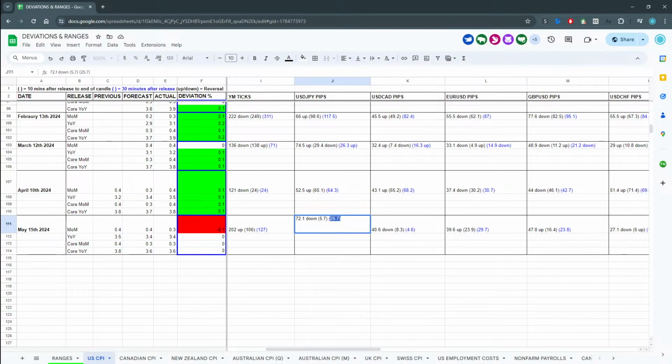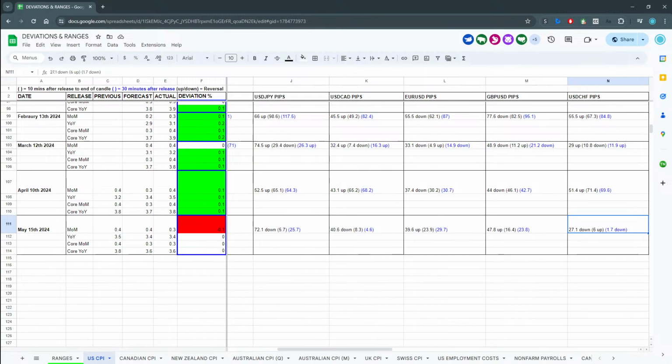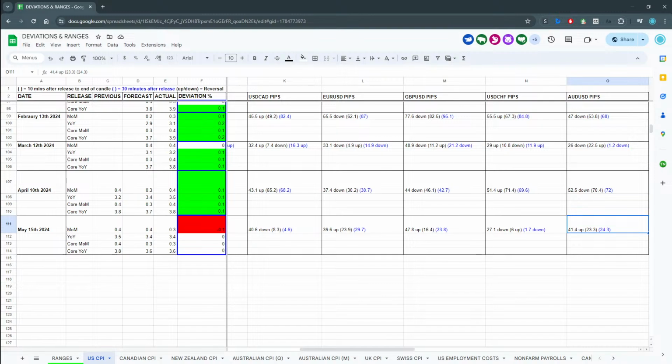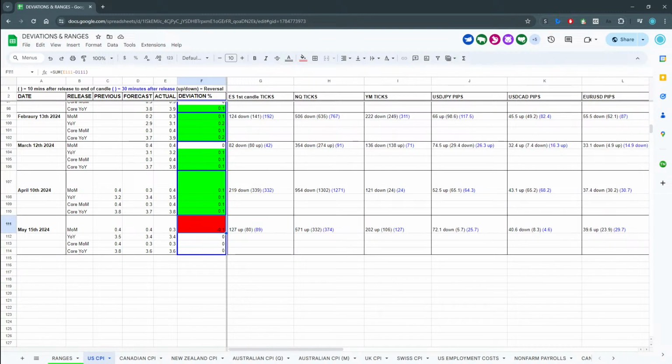And then after about 30 minutes of trading, it went back down again by about 25.5 or 26 pips. So the currency space on dollar yen was a bit more choppy, and in some of the other areas too. Something to be aware of is that the market reaction was much stronger in the stock indexes compared to the currency space.